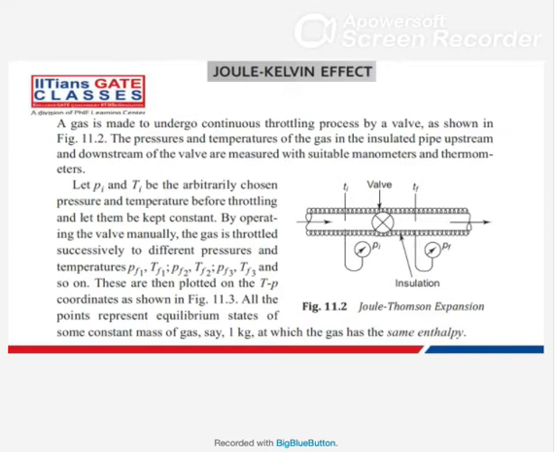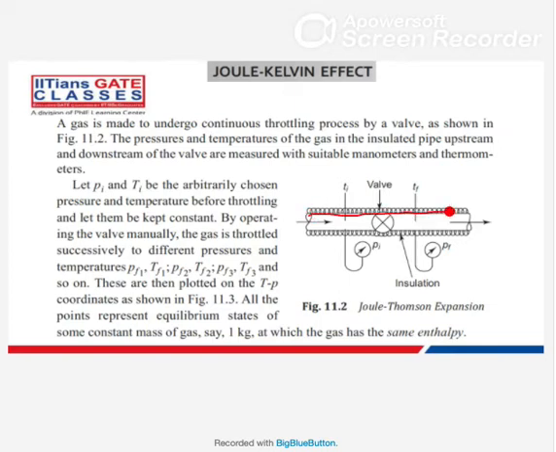There we have seen that if a throttling process is undergoing, then the enthalpy remains constant, or we call it an isenthalpic process. So we'll see that particular thing.